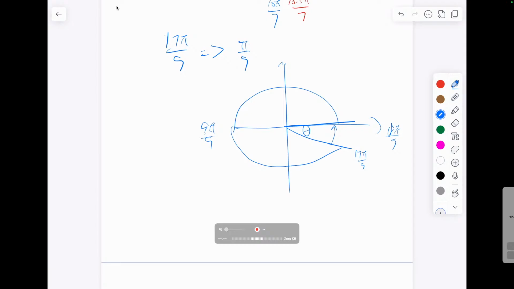Nick, can you tell me what's cotangent of theta here? Honestly, didn't get there yet. Let me try doing it right now. No, it's not.